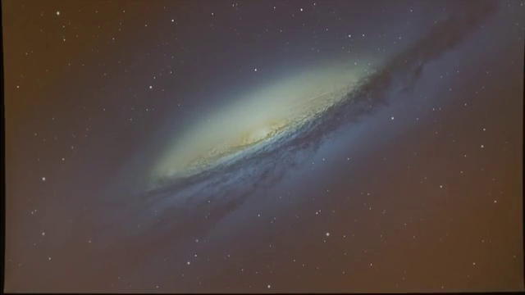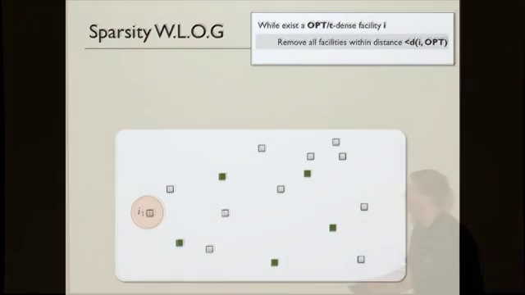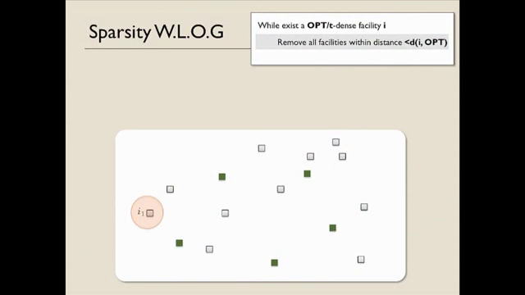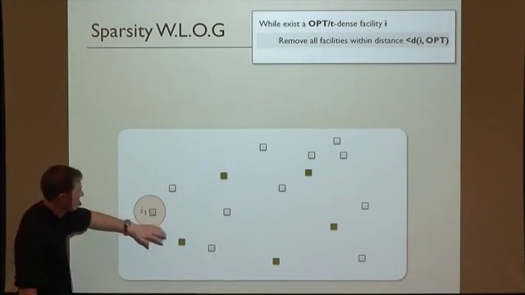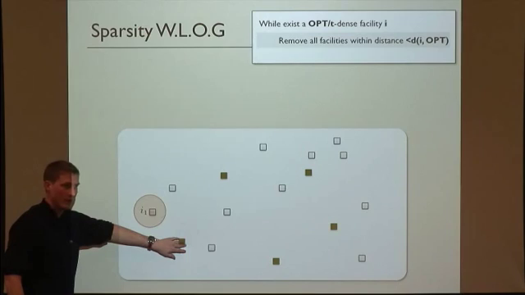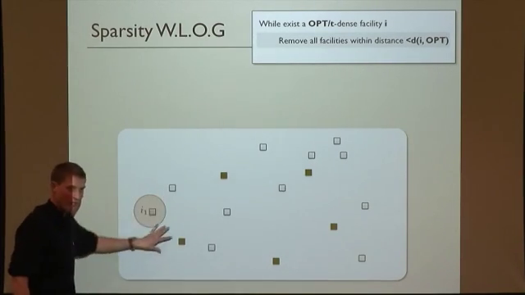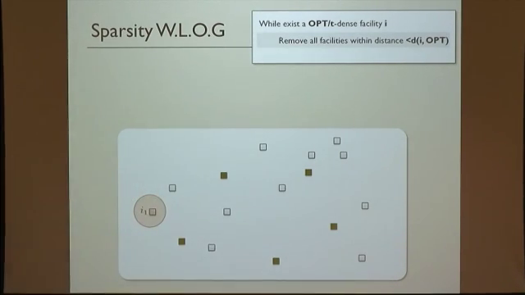So here I condition on this one. What I do is, if this facility is dense, then I will condition on this one being the closest opened. And this will force all these to be closed. So that's the event.